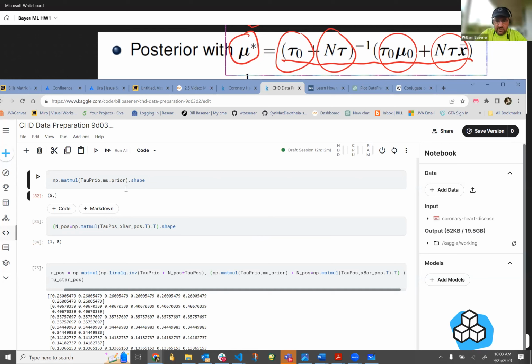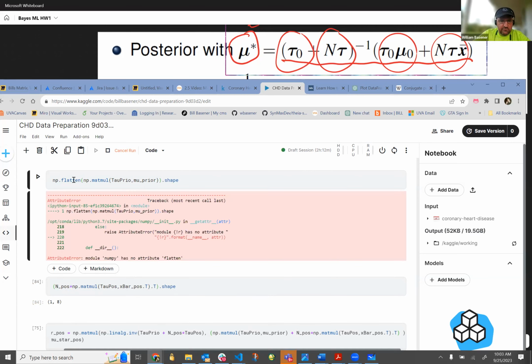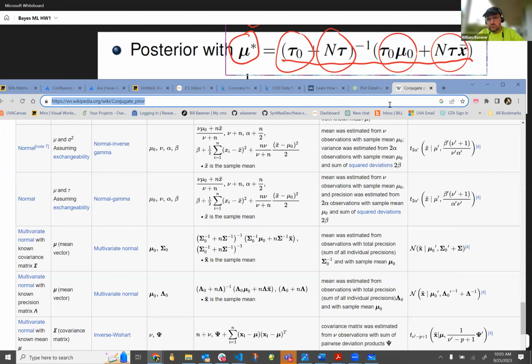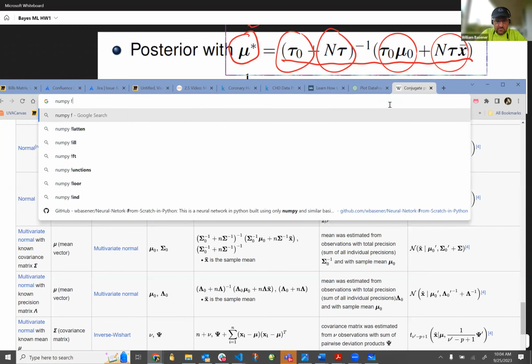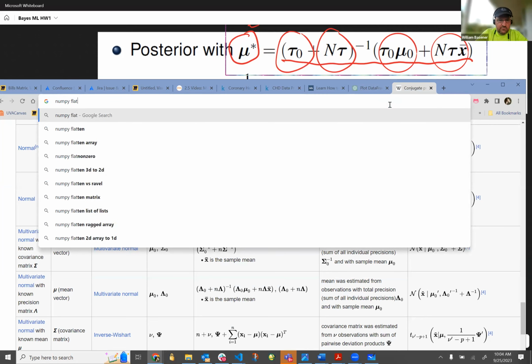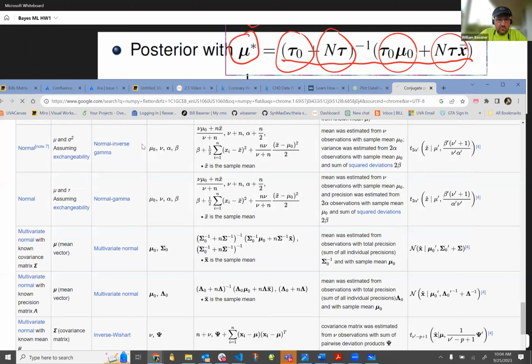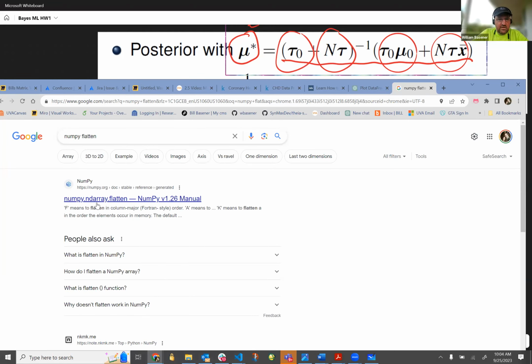Okay, so there's a couple of ways to deal with this, I think. NumPy has an operation called flatten, or maybe it doesn't. Oh, it's ndarray.flatten.